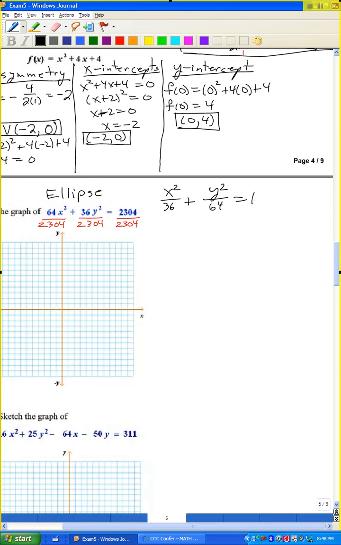And so in this case, a is 6, b is 8, and c squared is 64 minus 36. And so you remember to change the sign, so it will just be 64 minus 36, which is 28. And so c is the square root of 28, which can be written as, well, 4 times 7 is 28, square root of 4 is 2, so 2 rad 7. Okay, so therefore the center is at the origin.